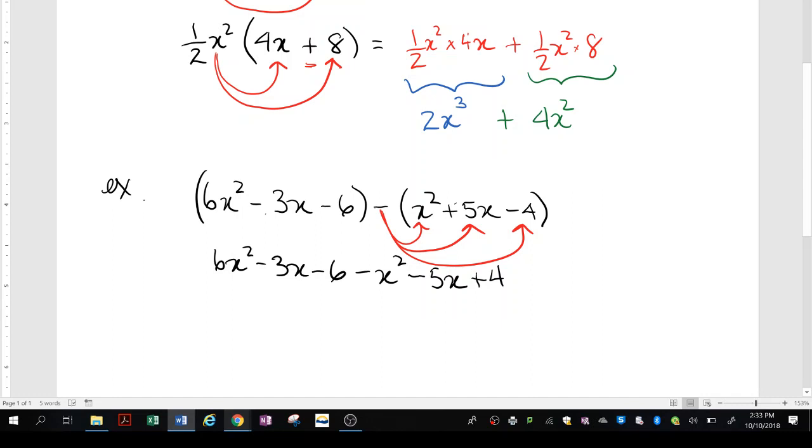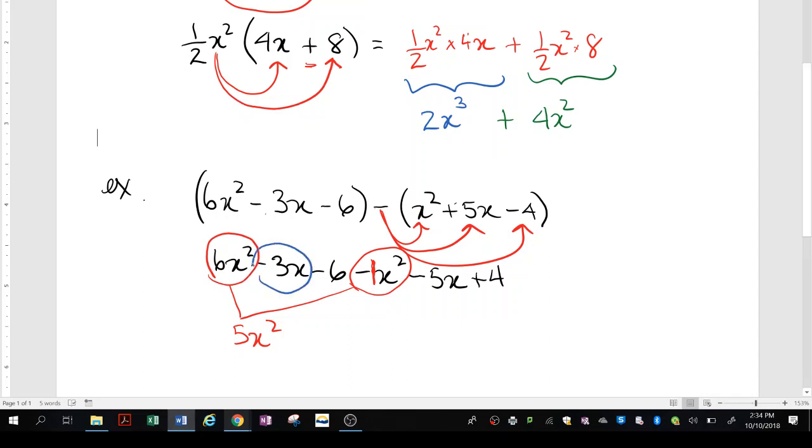I'm going to do that by circling in different colors all of the like terms. So we have 6x squared minus 1x squared. The 1 is not written here, but it's always implied that there is a 1 there. That's a common mistake for students to forget that that is a 1. 6x squared minus x squared gives us 5x squared.